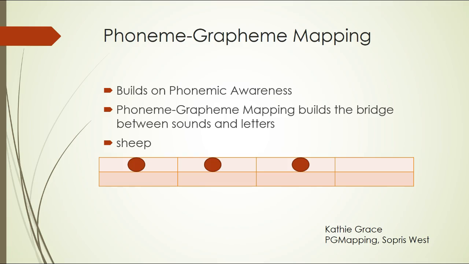The student would say the grapheme, the letters, and then move the tile up and write the grapheme in the square. Here I put the graphemes below our tiles or our chips. SH represents our first phoneme, our first sound. EE represents our medial, middle sound, and the P is our ending sound here.